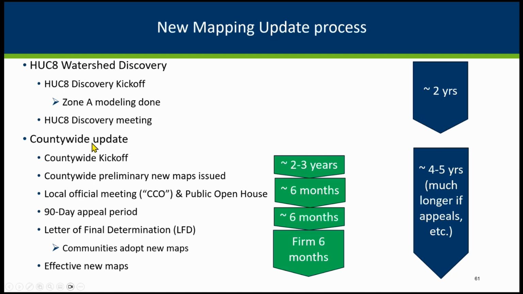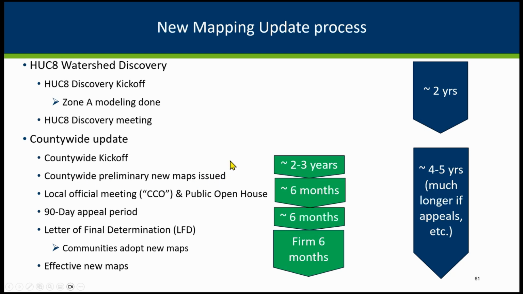When those are done, we might still do a part of a county when we've got updated data from a watershed that covers a portion of a county, like we just did that in Rice and Olmsted counties here in recent years. But it'll start off with a kickoff, kind of a scoping meeting, talking about what's being done, making sure things are being covered that the communities think are priorities.